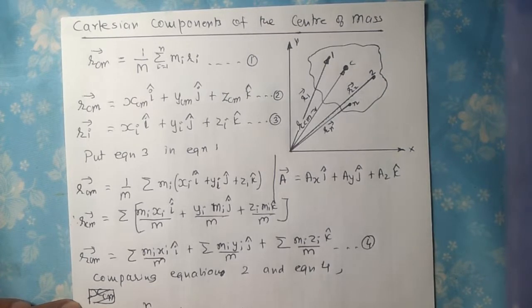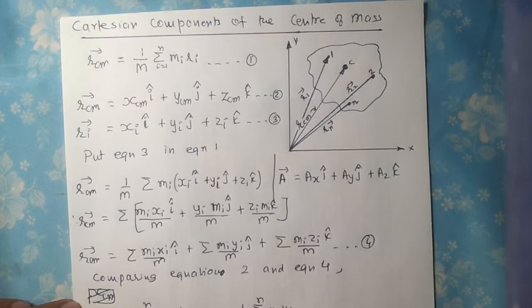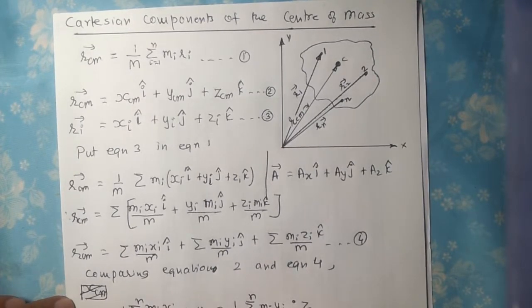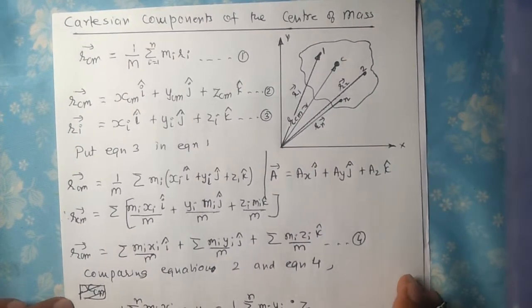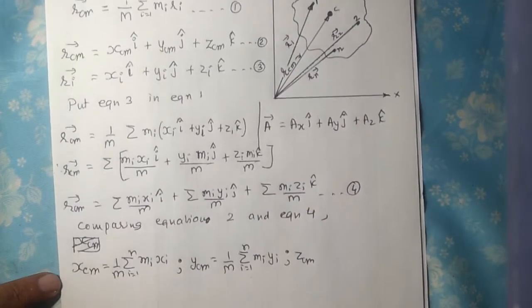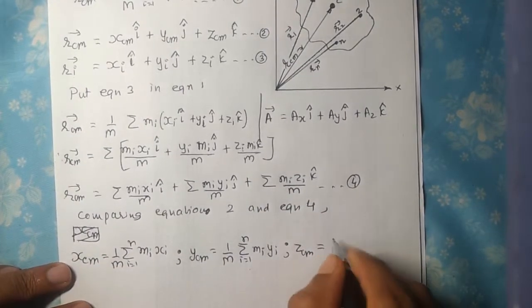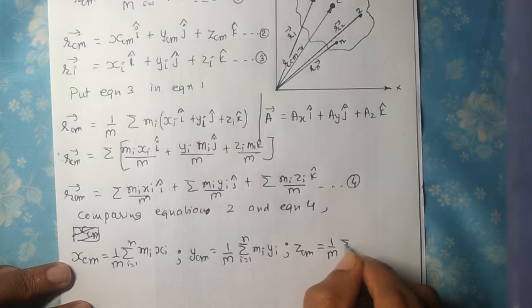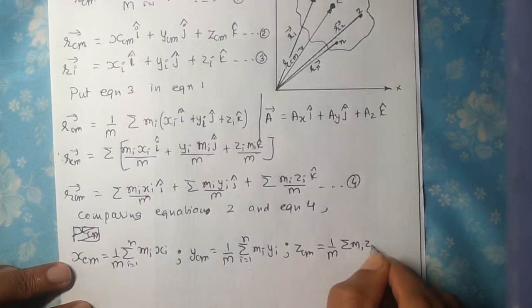YCM is equal to 1 upon M sigma mi yi, i is equal to 1 to n, and ZCM is equal to 1 upon M sigma of mi zi, i is equal to 1 to n.